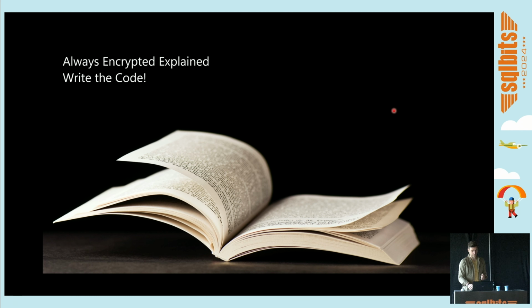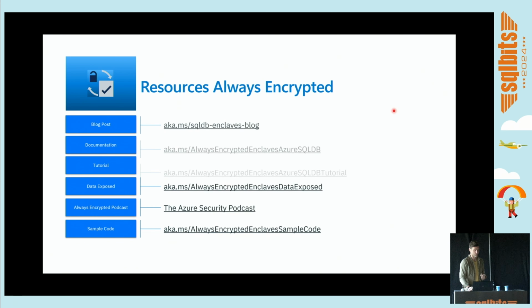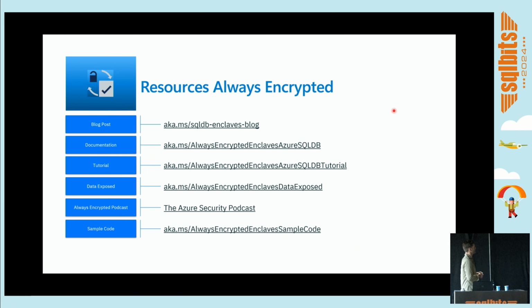All right, to wrap up, what have we seen? I started with explaining Always Encrypted, the difference between Always Encrypted and enclaves, and then I also showed you what could break in your code. Some resources to give you if you don't know what to do over the weekend. We have a blog post that explains everything about Always Encrypted with secure enclaves.